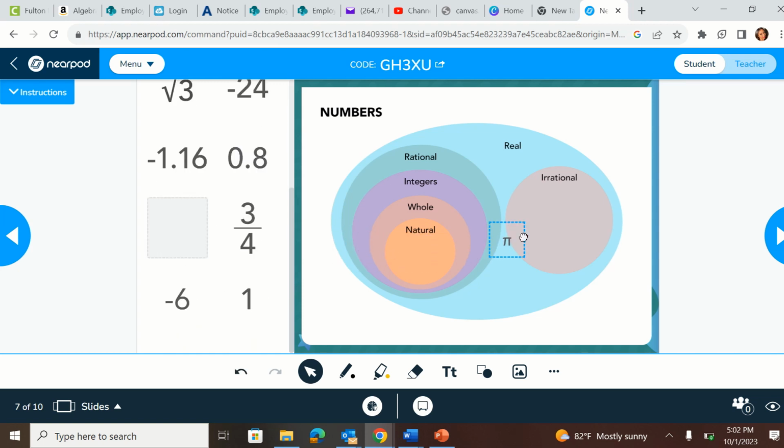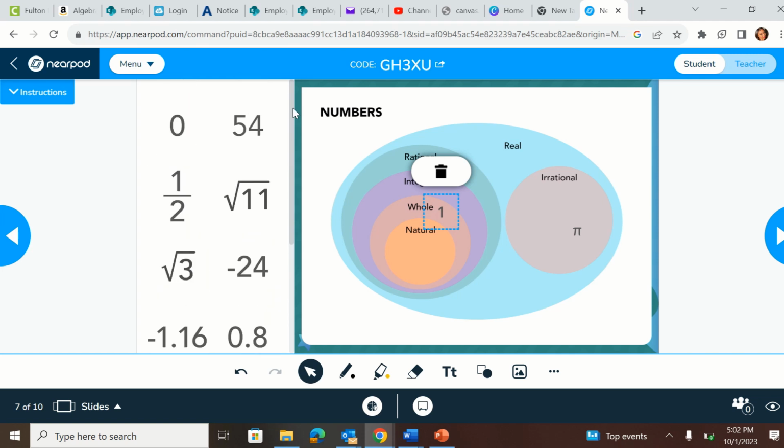So, for example, we can drag over pi because we know that pi has different numbers, 3.14, and so forth. We know that 1 would be considered to be a whole number. And this is a fun, engaging activity for students to work on to better understand the type of problems that they are working on.